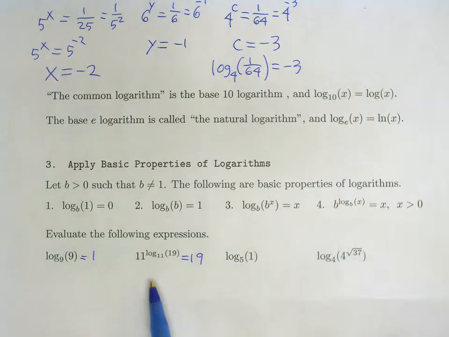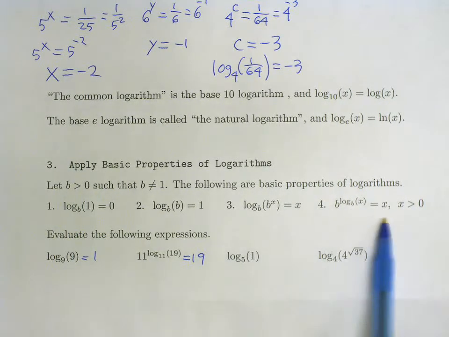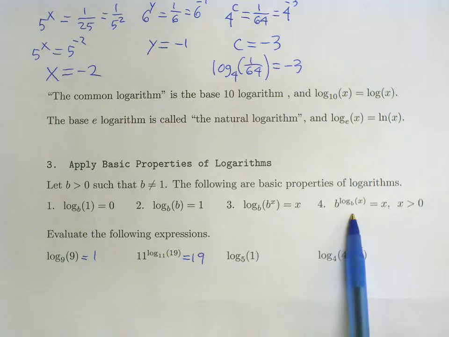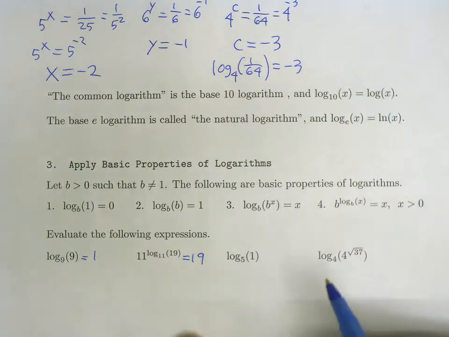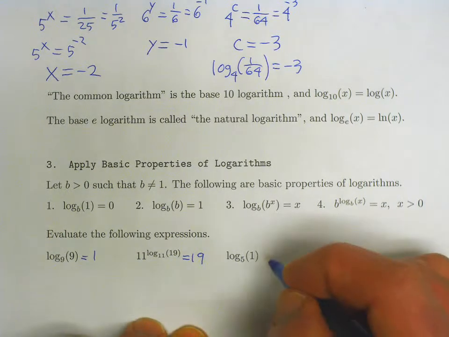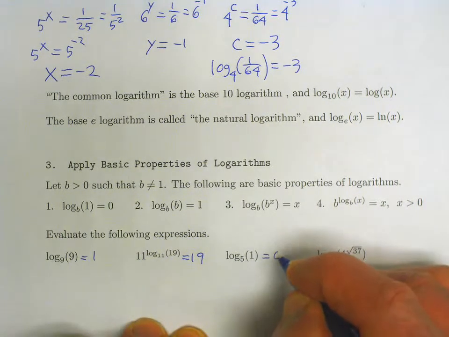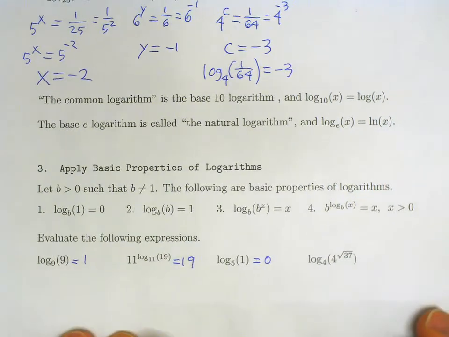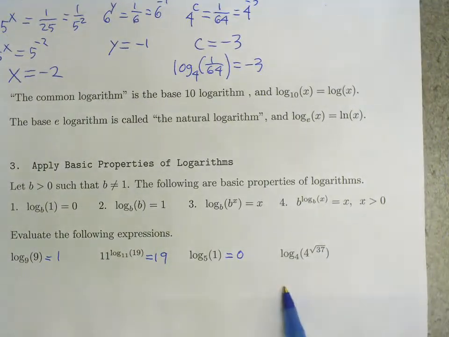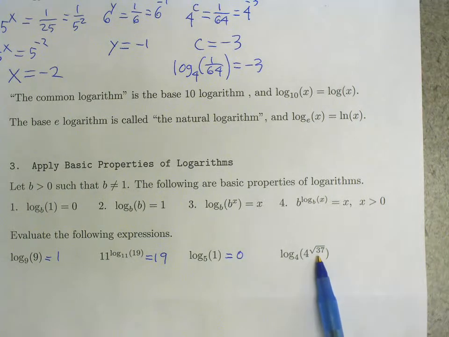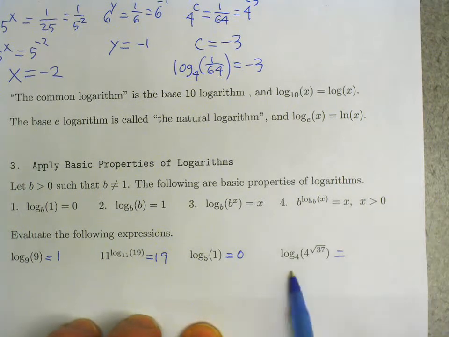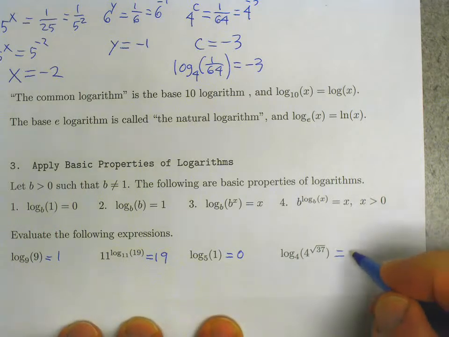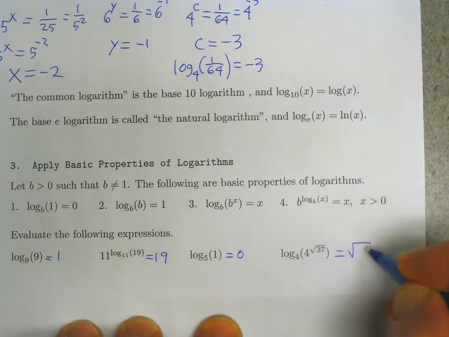This is just an application of this 4th property that involves the definition. Log base 5 of 1. 5 raised to what exponent equals 1? So 5 to the 0 power equals 1. And log base 4 of 4 to the exponent square root of 37. What must 4 be raised to in order to get 4 raised to the square root of 37? It has to be raised to the exponent square root of 37.